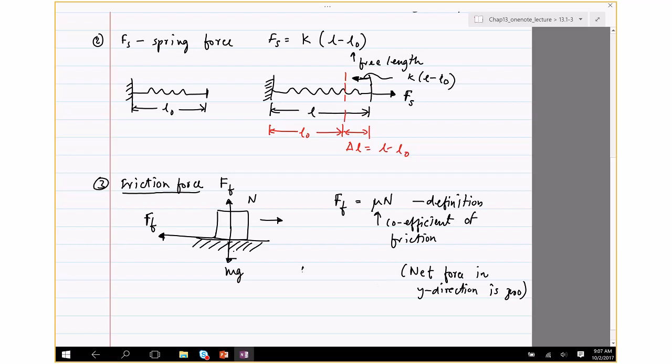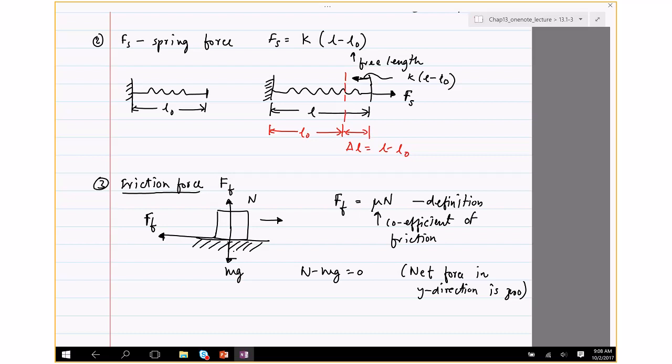N is upward, so it's positive, mg is downward, so it's negative, and the net force in the y direction is 0 because this mass is not moving in the y direction. So then you can take that N, which is equal to mg, put it in the first equation and find the friction force. But when you're solving problems, remember to use this expression. The normal force will change depending on how the block is placed. So the first problem today we'll talk about how to find the friction force when the ground is not horizontal.